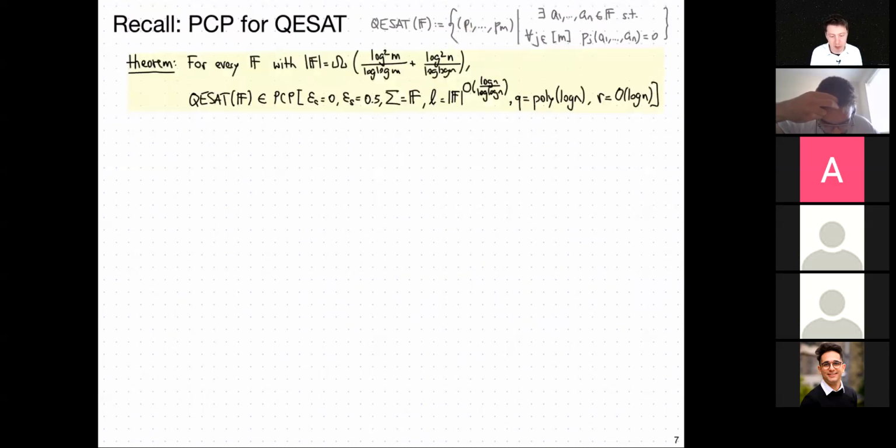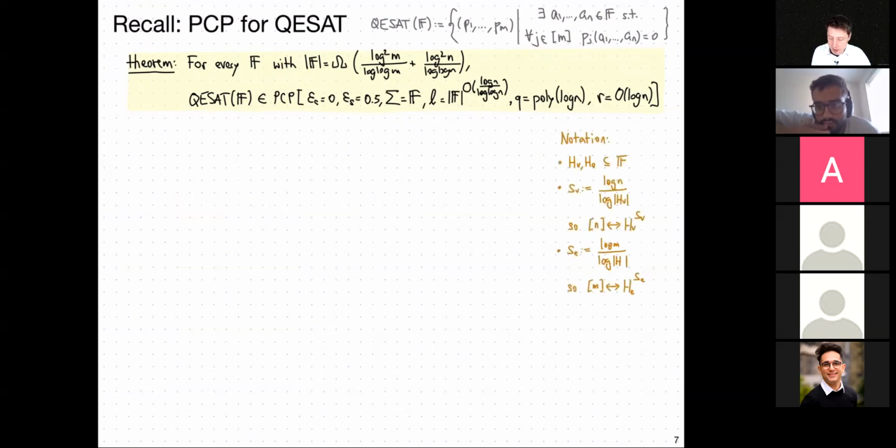Roughly, the theorem that you proved is that if the field is large enough, roughly polylogarithmic in either the number of variables or the number of equations, then you can construct a PCP whose proof length goes something like |F|^(log n / log log n), with polylog number of queries and logarithmic randomness over that finite field.